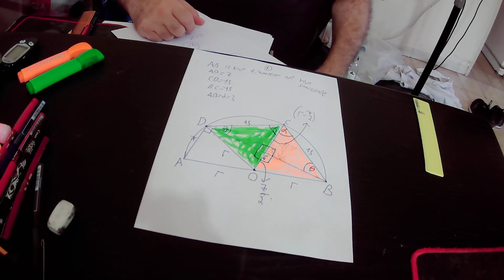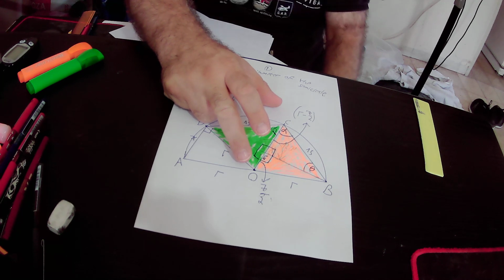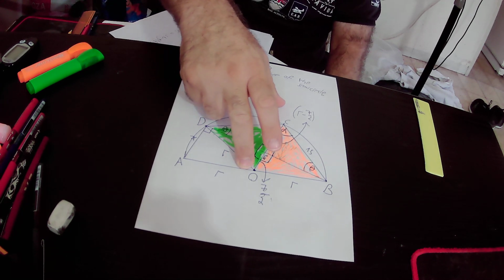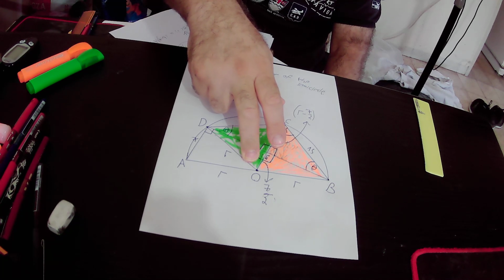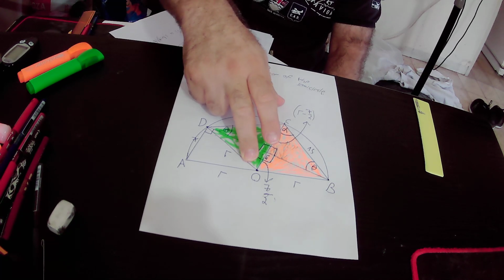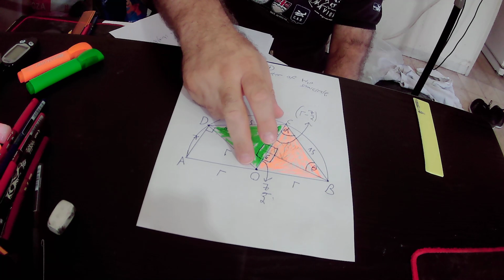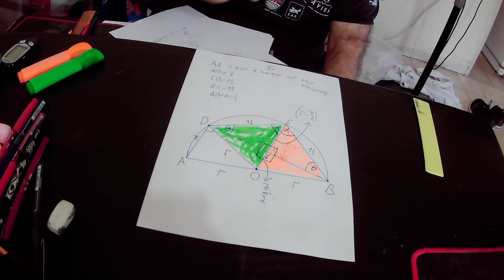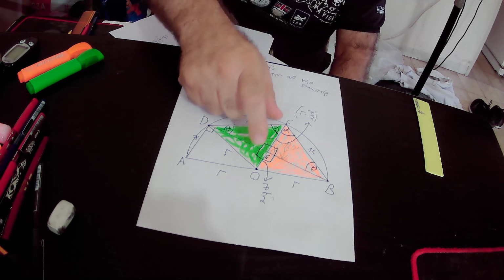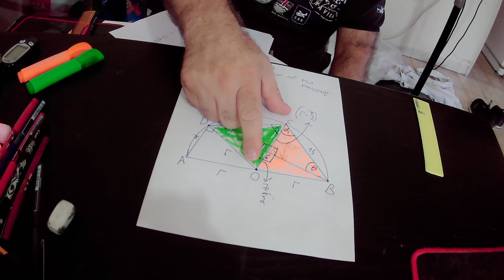Then chord OC is the radius of this semicircle because it starts from the center of the circle, that is to say from point O, and ends at point C, a point of the circle itself. Therefore OC is the radius of this semicircle, and from this we can deduce that OC is a straight line.